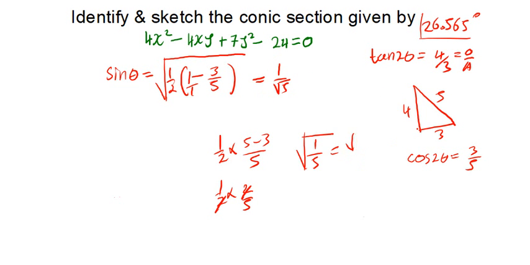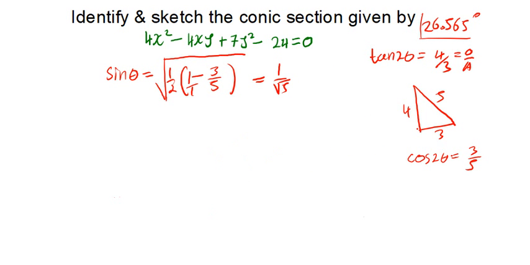Now let's find what our cos theta is. Cos theta is equal to the square root of 1 over 2 times, instead of 1 minus, 1 plus 3 over 5. You are still saying 1 plus cos 2 theta.